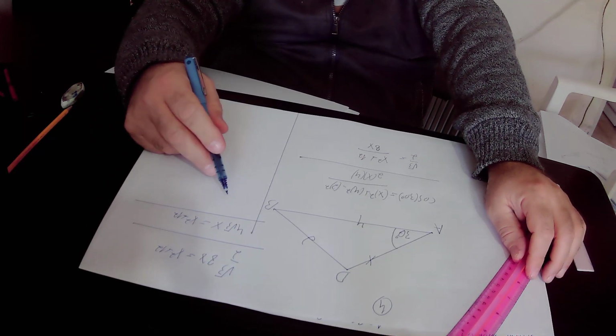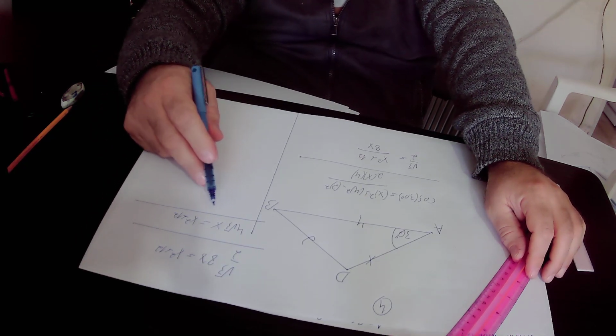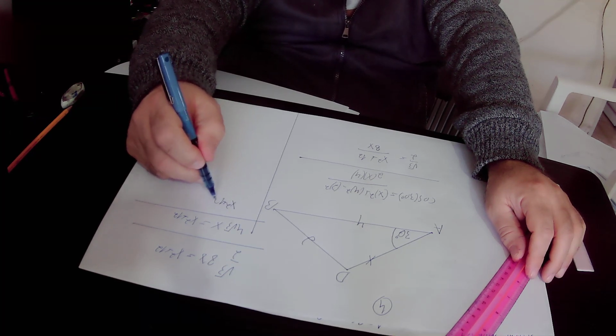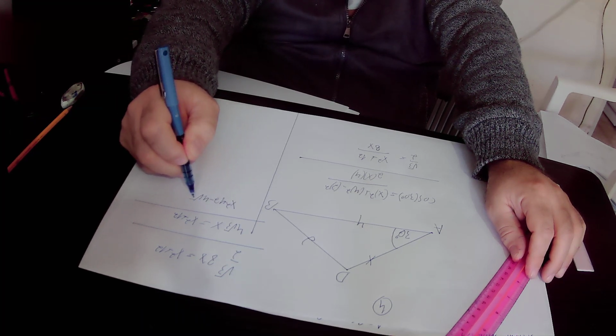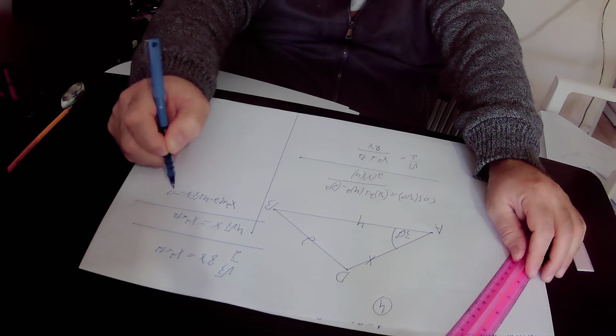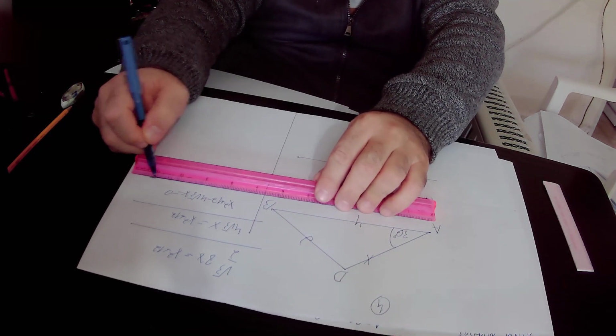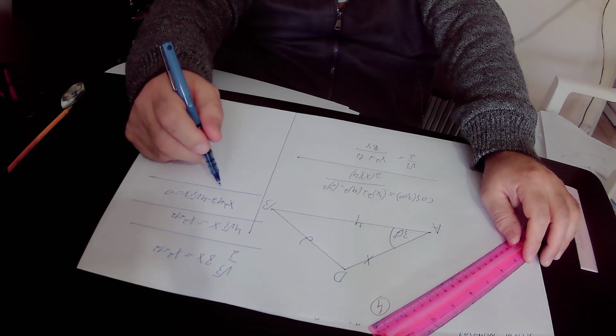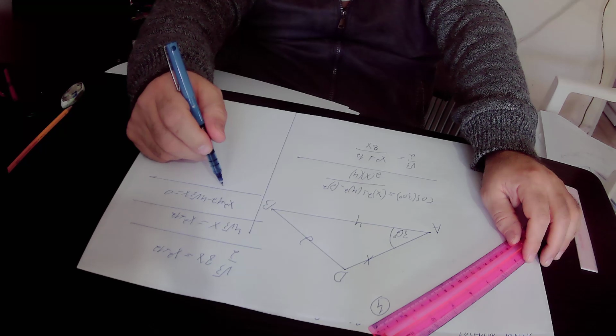Here we subtract 4 times square root of 3x from this equation and we will get that x squared plus 12 minus 4 times square root of 3x equals 0. We know that 12 is 2 times square root of 3 squared, so we will substitute 12 by 2 times square root of 3 squared.